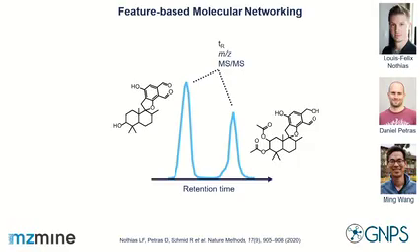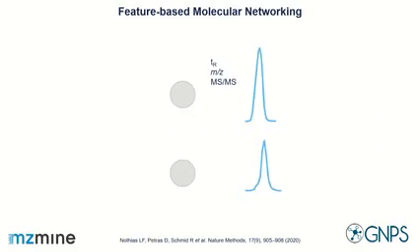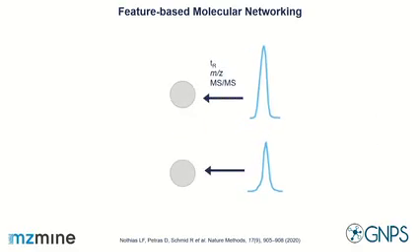Then together with Daniel and Ming, we invented feature-based molecular networking, where we represent features as nodes in a network. Every time you see those nodes in the network, just remember that they have a peak shape, a retention time, an m/z, and an MS/MS spectrum.